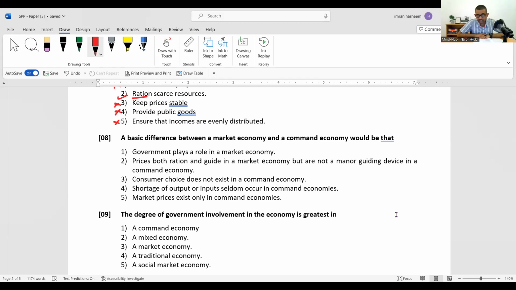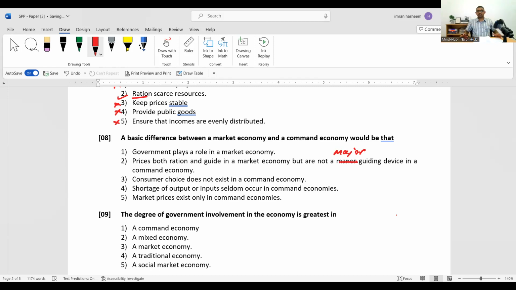Government is laissez-faire in a market economy. Prices both ration and guide in a market economy, but are not a major guiding device in a command economy. That is very correct. Price is not a major guiding device in a command economy.